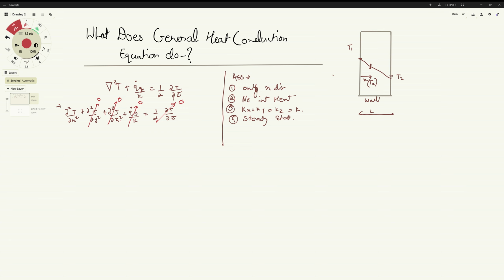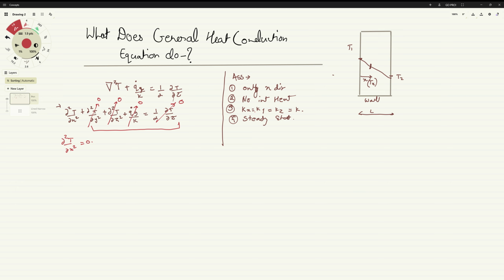Are you able to see the same thing that I'm seeing right now? We eliminated almost everything except what we need. So the equation becomes dou square T upon dou x square is equal to 0. You realize that the huge equation went from this to this.